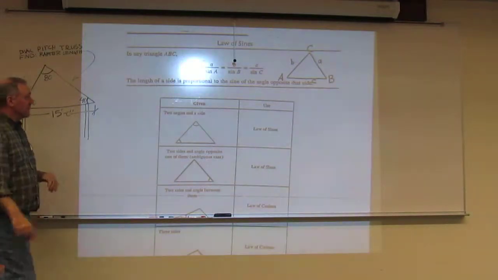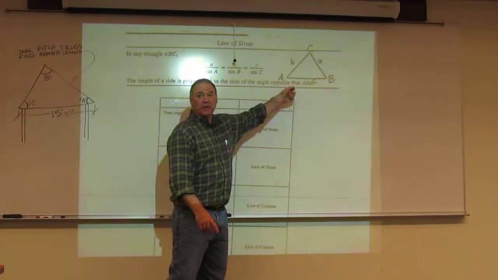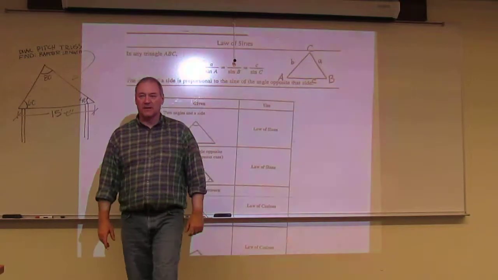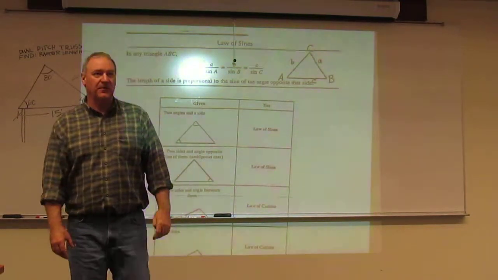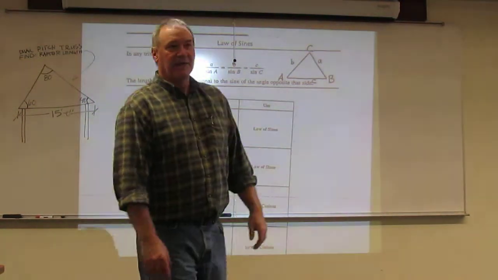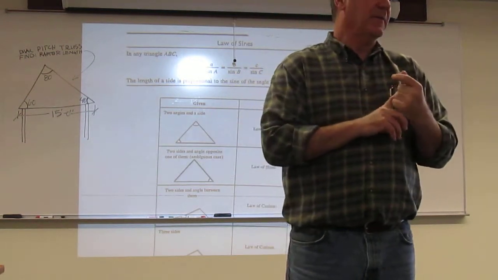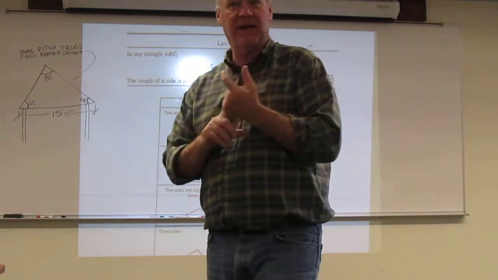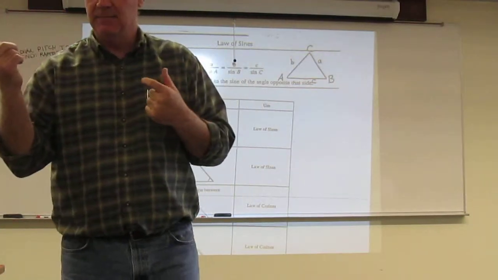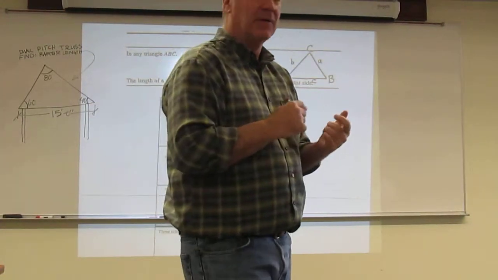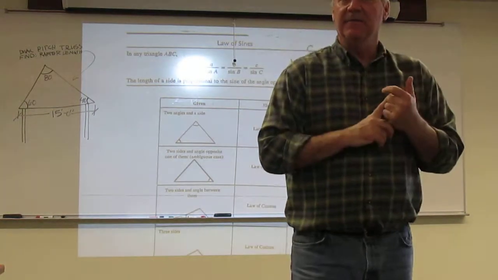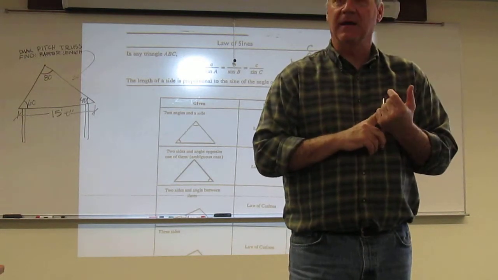Now the big trick with this, again, is do you label your triangle correctly? Okay, we changed it from a right triangle where we labeled it as hypotenuse, opposite, or adjacent sides, or the Pythagorean theorem where we called our legs A, B, and the hypotenuse C. Now we are labeling them as A, B, or C, capital letters for angles.